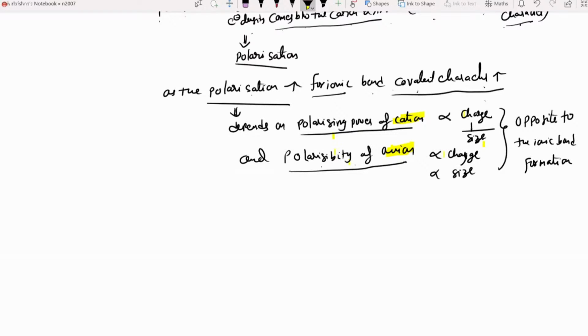Directly proportional to charge, therefore, smaller the cation size, more will be the covalent character.